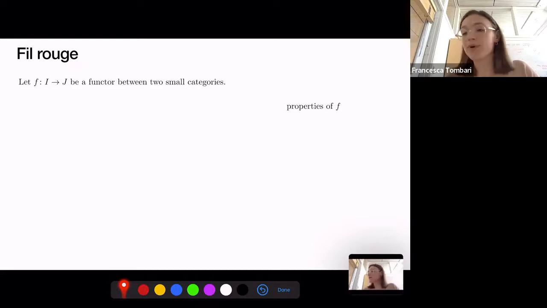When I say properties, I mean homotopical properties. And here I am doing a jump in the sense that I am hiding the fact that actually I'm considering the nerves of the two small categories and the functor induced on the nerves to study their homotopy type.